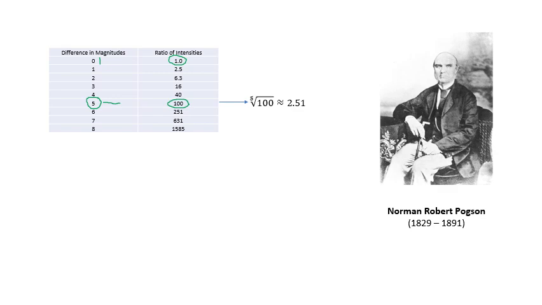So the fifth root of 100, that's 5 as a difference of magnitude, would give us a factor relating each magnitude of 2.51.